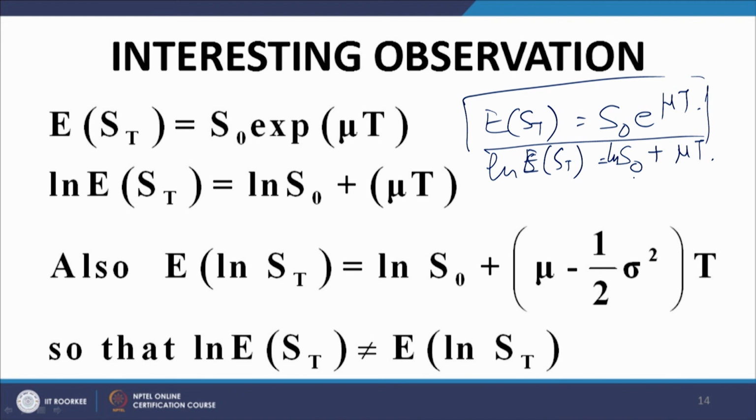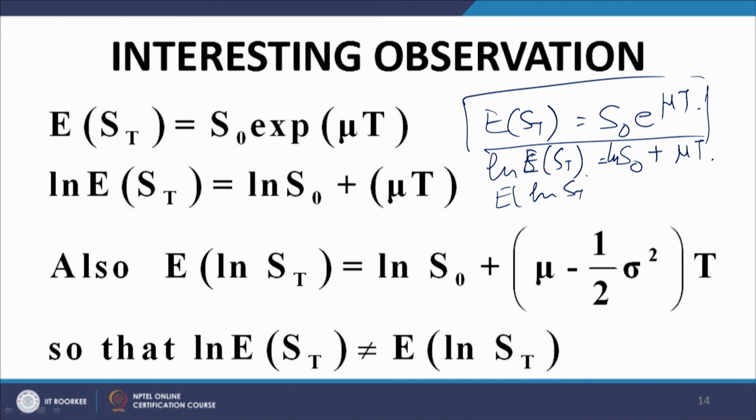Okay. Now, let us look at what is E of log S t. Log E of S t is equal to log S naught plus mu t. Now, let us look at E log of S t.